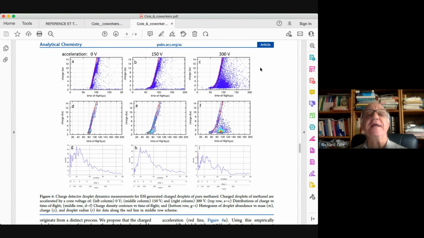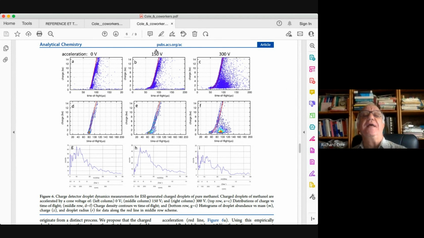The first explanation is that we're accelerating these droplets to higher values than is indicated by our change in cone voltage. That seems less likely to me than our second explanation, which is that the droplets to the left of the red line are actually charged above and beyond the Rayleigh limit.